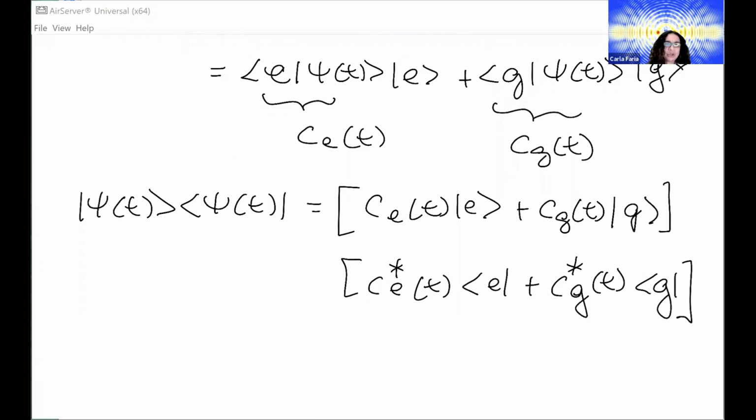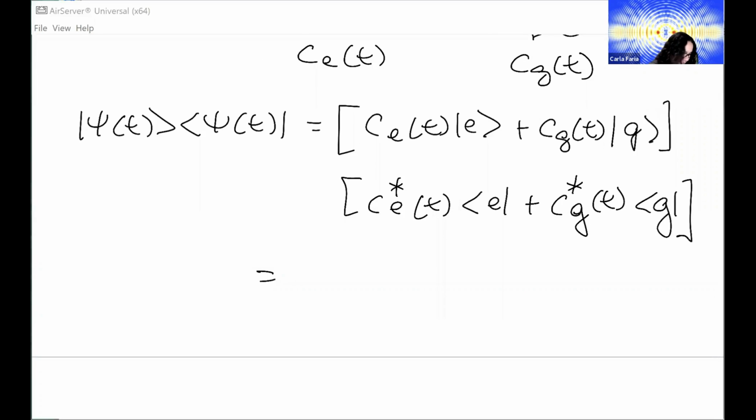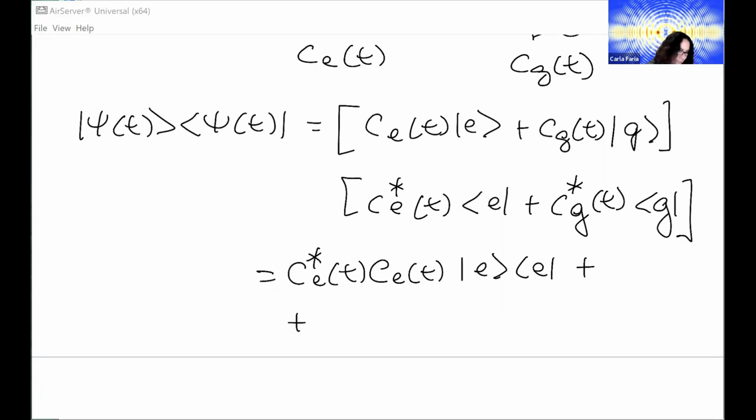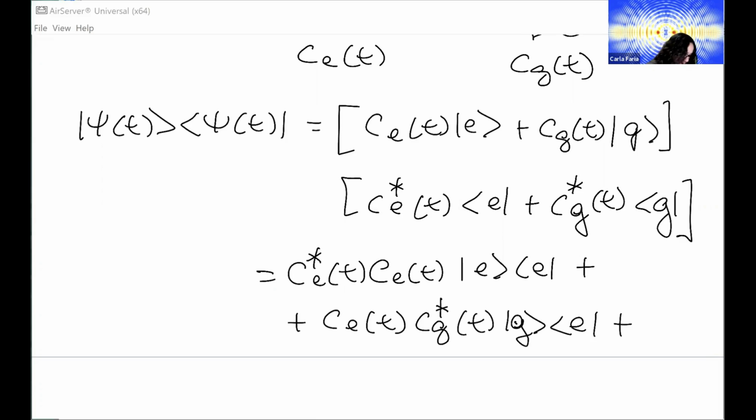Okay, so if we expand, this is going to give me c_e star(t) c_e(t) |e><e| plus c_e(t) c_g star(t) |e><g| plus c_e star(t) c_g(t)... It's the other way around. Hang on. Yeah, sorry.